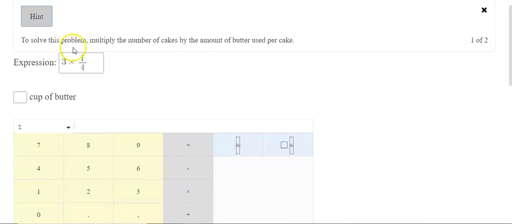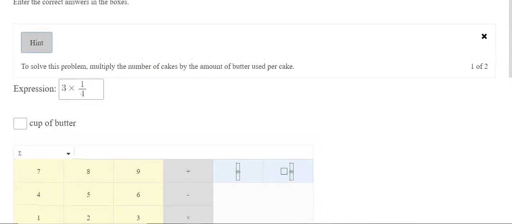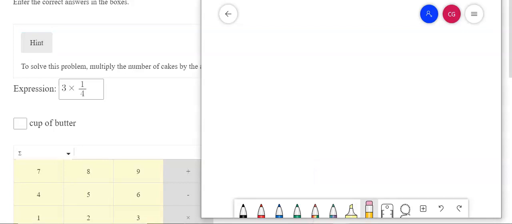So the hint was to solve this problem, multiply the number of cakes by the amount of butter used per cake. So if I'm going to take 3 times 1/4, put the whole number over 1, we get 3/4.